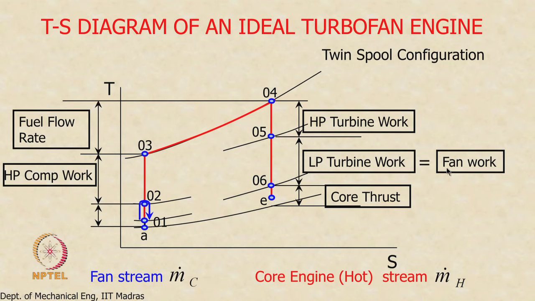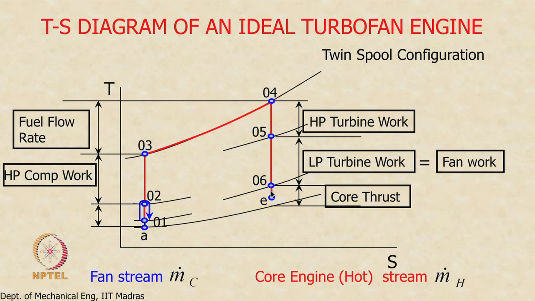If I increase the fan work, state point 6 will keep moving further and further down as I extract more and more work. As it keeps moving down, what happens to the core engine thrust? It will decrease. For example, the way we have drawn it, the core engine nozzle appears to be under expanded, so there is momentum thrust plus pressure thrust.